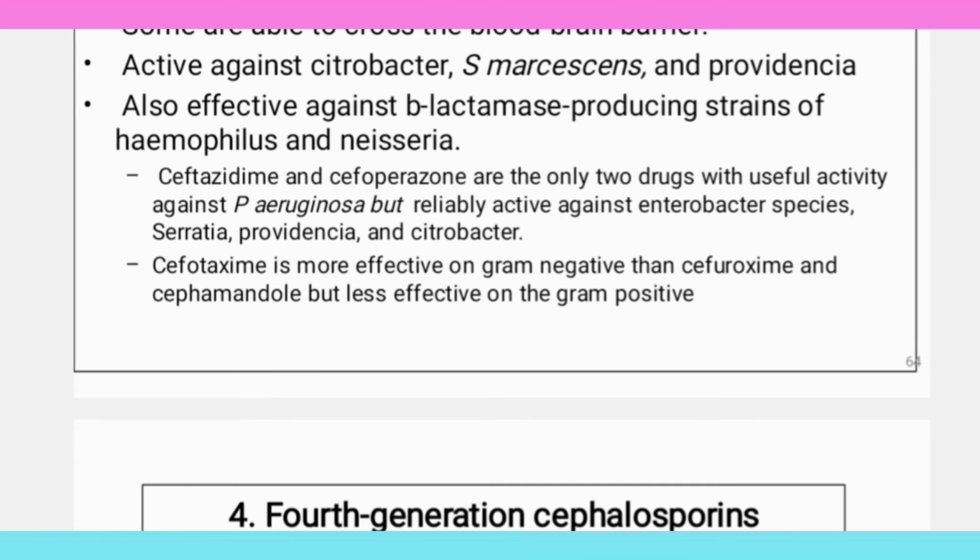Ceftazidime and cefoperazone are the only two drugs with useful activity against Pseudomonas aeruginosa, but they are reliably active against Enterobacter species, Serratia, Providencia, and Citrobacter. Cefotaxime is more effective on gram-negative than cefuroxime and cefamandole but less effective on gram-positive bacteria.